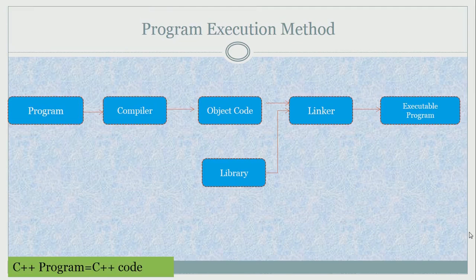Now we will look at the steps of the program execution method. So this is the figure showing the procedure. But wait a minute, what is this library in this figure? You are not familiar with this word yet, so let's first understand it. Some C++ programs use libraries.